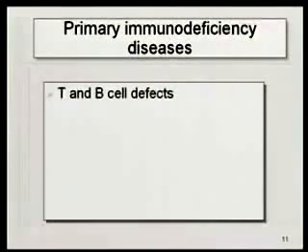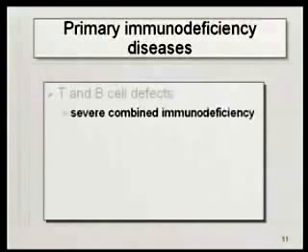What is the consequence of a defect at a particular stage in the development of the immune system? T and B cell defects combine, and that is appropriately known as severe combined immunodeficiency. These patients do not have any T cells or B cells, and therefore no immunoglobulins and no production of the cytokines that are produced by T cells.